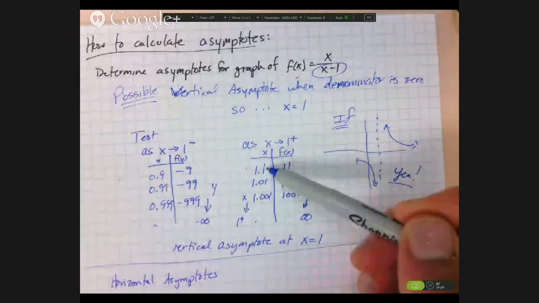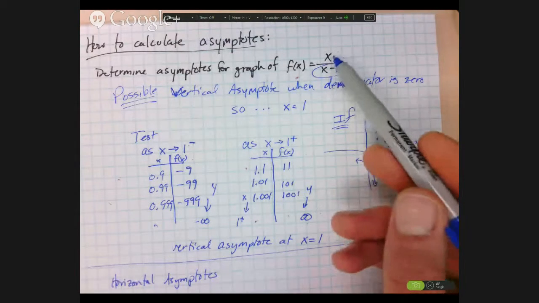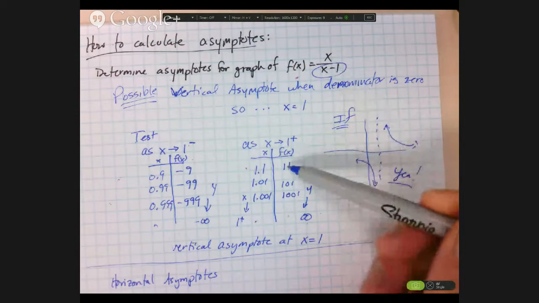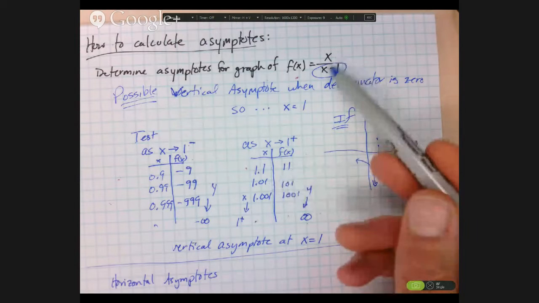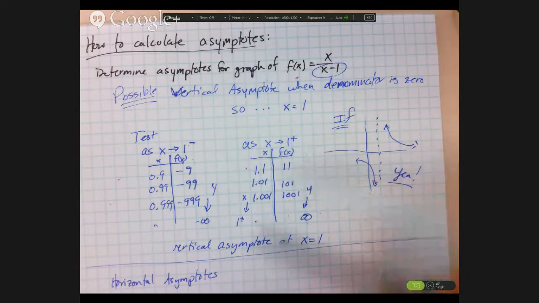You're putting these numbers in the equation. So 1.1 divided by 1.1 minus 1. That's 11. Then 1.01, put it in. You get 101. What I showed you on the calculator is just an easier, faster way to do it.